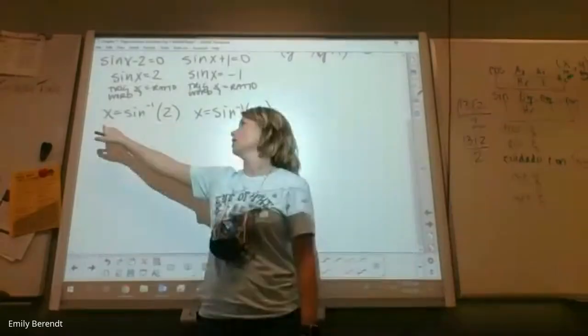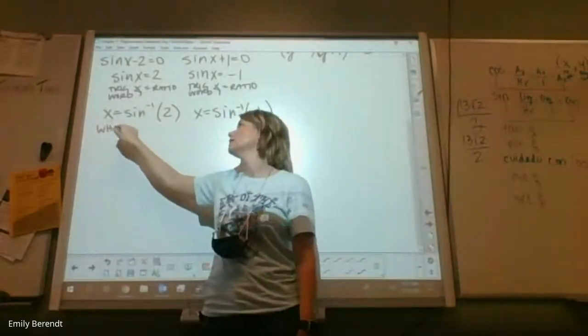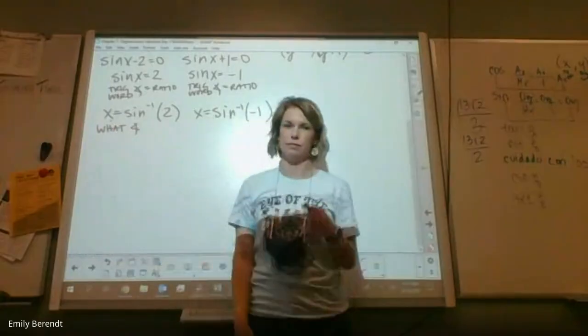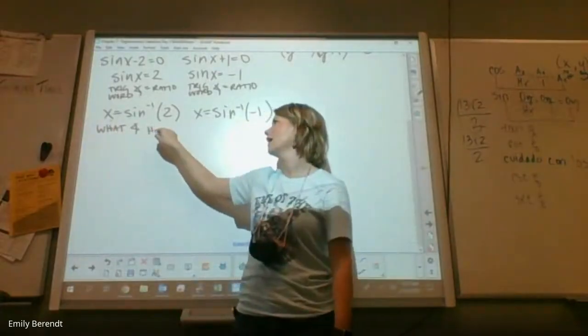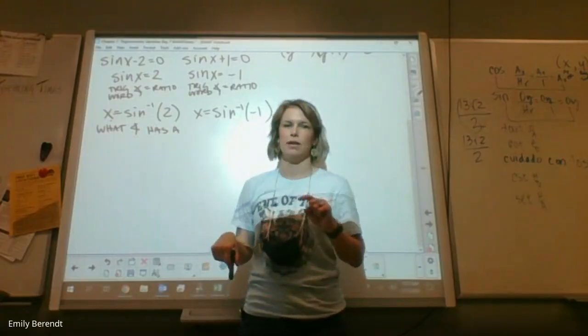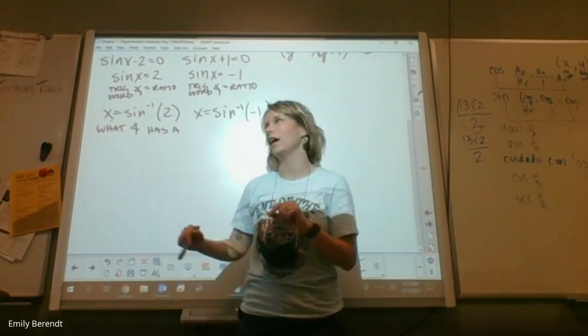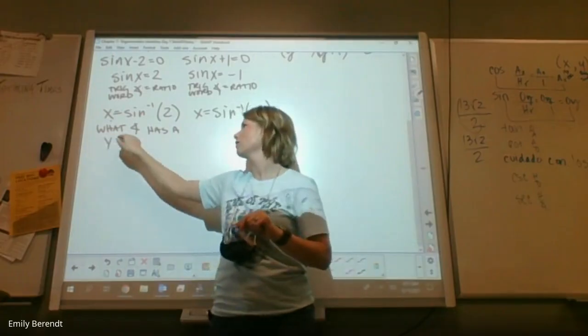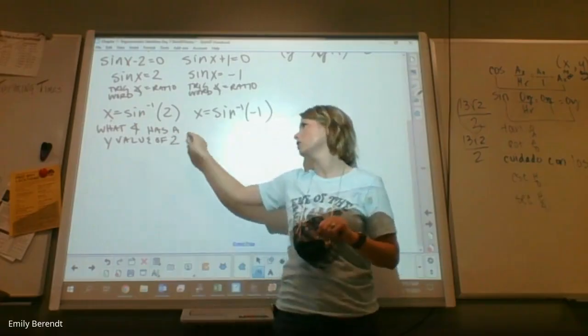So anywho, all right, so this is saying x represents an angle. What angle? Sometimes it's angles. What angle has a sine? Is that an x or a y? It's a y. So what angle has a y value of 2?